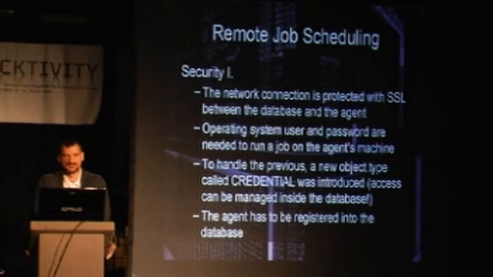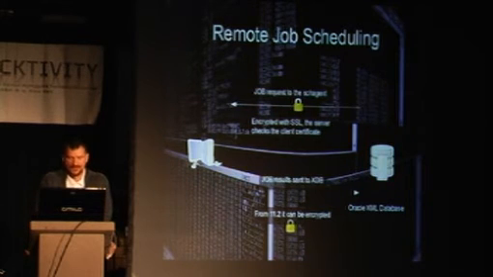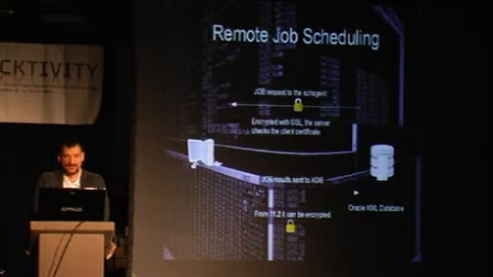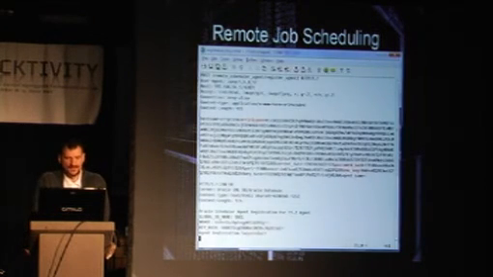And for all this to work, the agent has to be registered into the database using a registration password. So it's a pretty well-designed stuff. But the problem is that in release 1, the data returned as the job results are not encrypted. As of release 2, you can encrypt the return data as well.